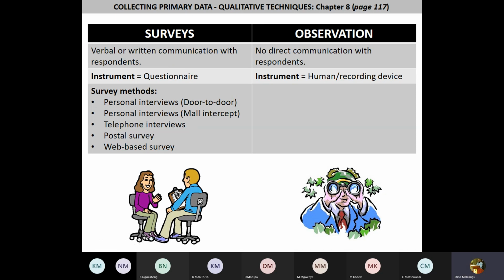You will see in the textbook, you also have advantages and disadvantages of all these interviews. Please read them in your own time, just to understand further. I won't be able to go through each and every survey method in terms of advantages and disadvantages. The most important thing is for you as a student to know the differences between these survey methods and which one I should use in certain circumstances.